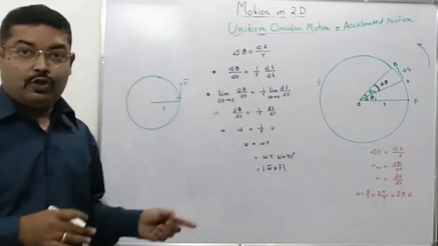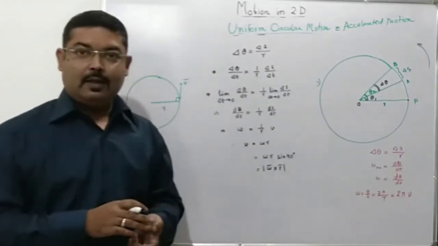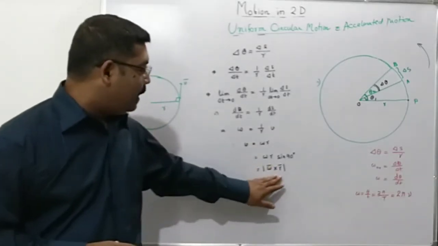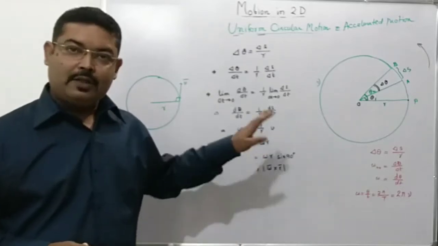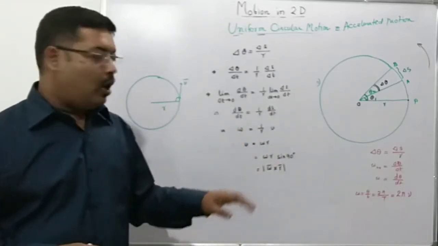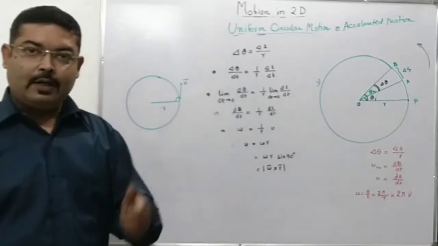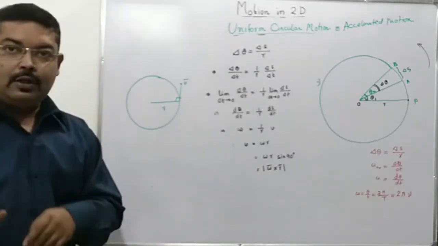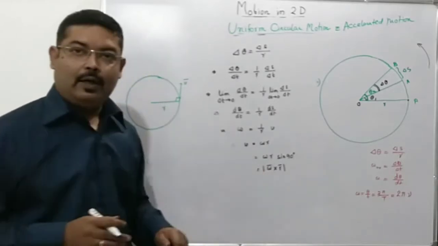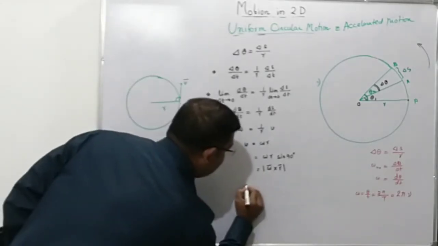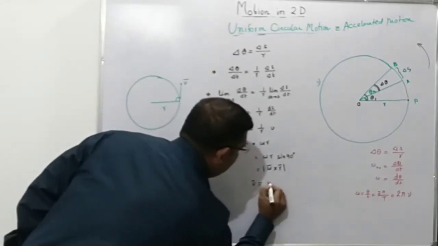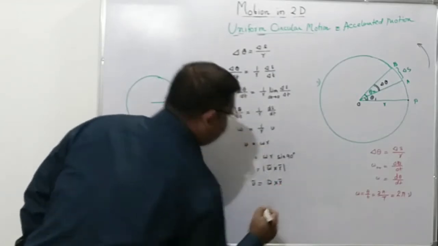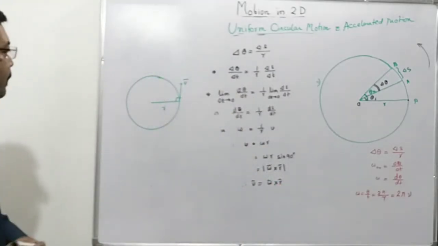Or it could be r cross omega also, but because we are taking the modulus, omega cross r must be equal to r cross omega. However, we have taken omega cross r because of the sign convention. We will come to this when we go a little further into circular motion, and we will understand why we have taken omega cross r. Therefore, we can say that v equals omega cross r in vector notation.